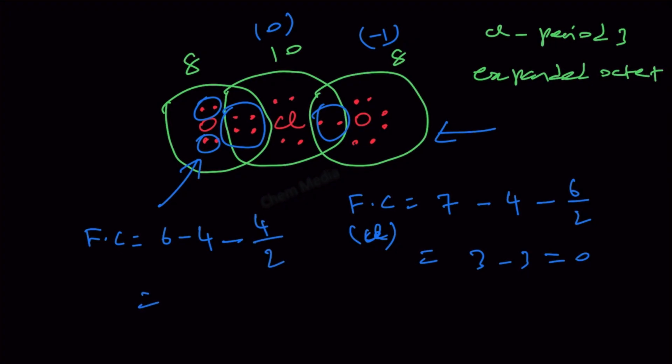Therefore, this will be 2 minus 2 and that is equal to 0. So, this gives the net charge as minus 1, and also for 2 of the atoms we are getting 0 as formal charge, and therefore, this is the best Lewis structure for chlorite ion.